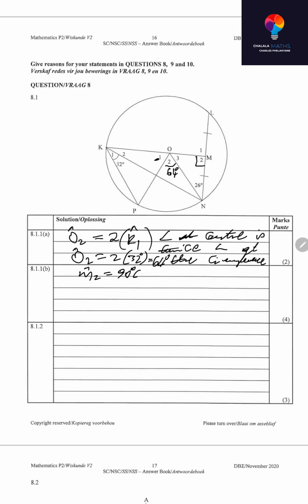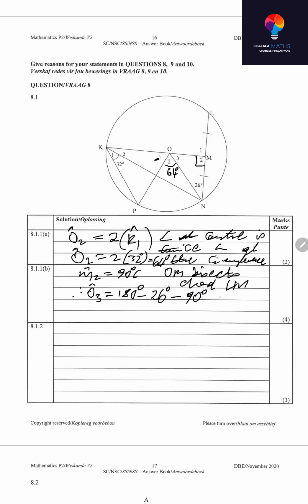The reason is that OM bisects chord LN. Therefore, angle O3 is going to be 180 degrees minus N, which is 26 degrees, minus 90 degrees, which is M2.